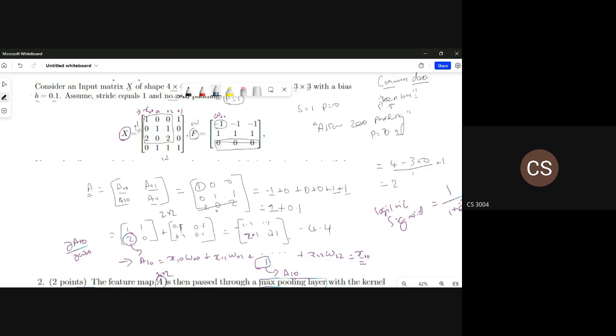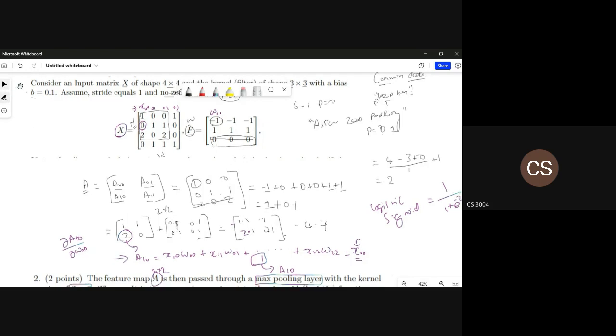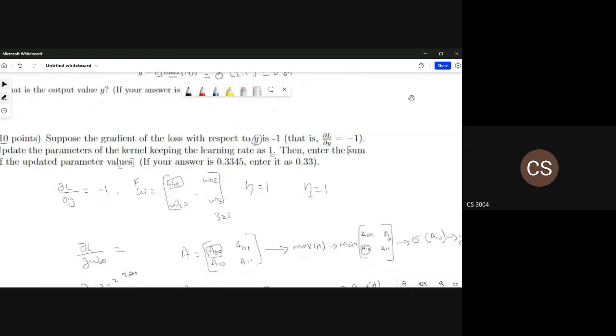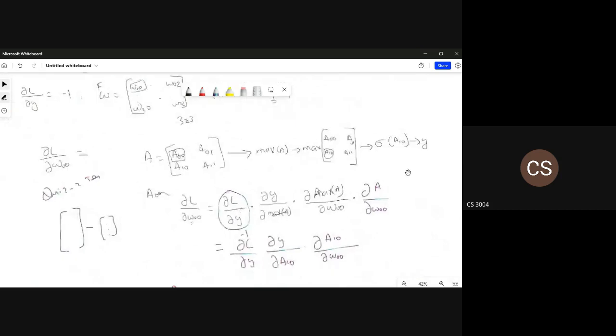Typically it is always going to be the input, right? So I need to note down the value of x10. What is the value of x10? It is 0. Of course, this is a chain rule. I am observing this quantity as 0.